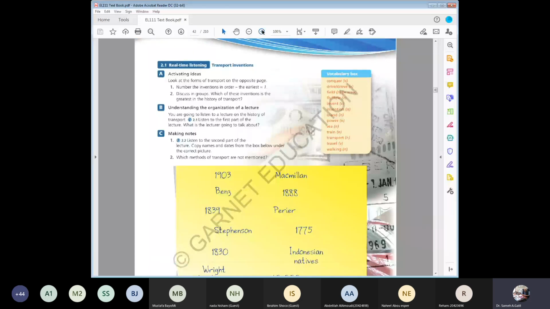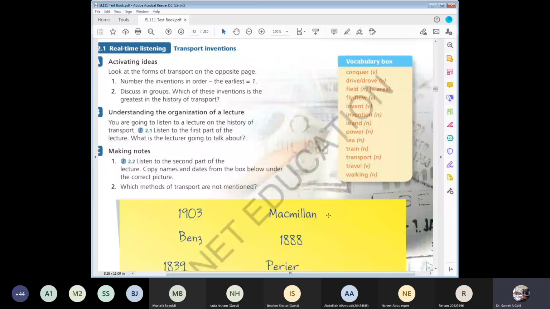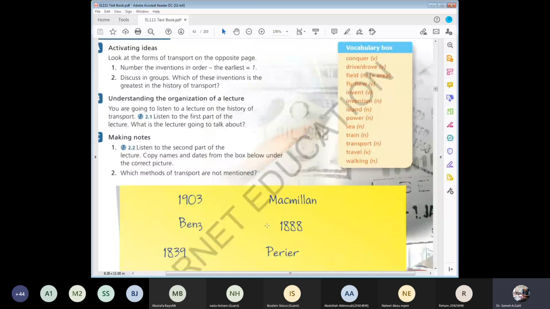Okay. We have a number of vocab items. I would like us to look at them and see whether we can recognize them, whether we have issues with them or not. You have the word conquer, drive, field, fly, invent, invention, island, power, sea, train, transport, travel, and walking. Do you have challenges with any of these words?